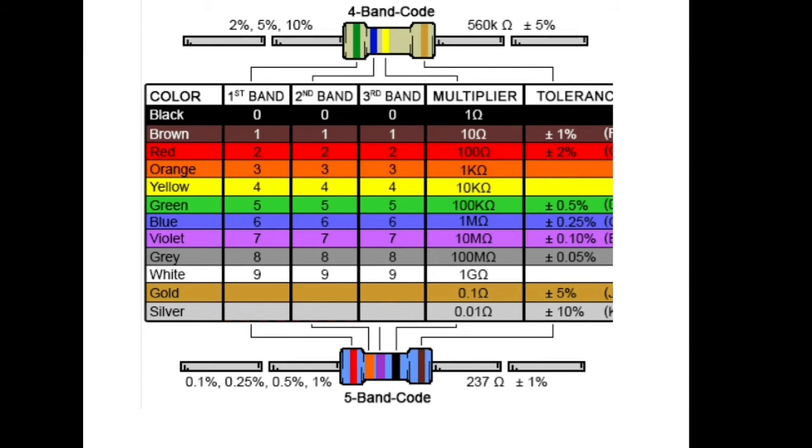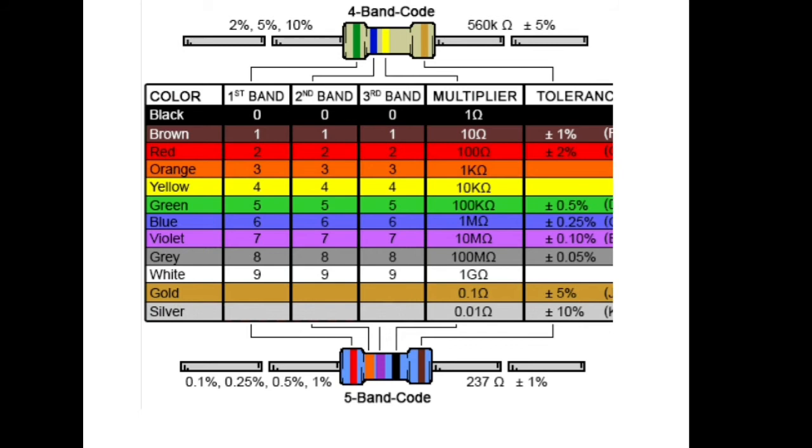And the third band is yellow. The third band indicates what? In the case of a 4 band code, it indicates the multiplier. Yellow has the multiplier 10k. So the value becomes 56 times 10k, that is 560 kilo ohm.